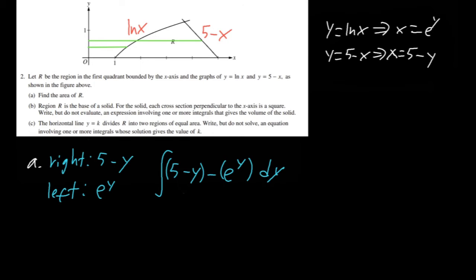This is like the x distance that it goes out, e to the y. So my left is e to the y. Okay, so now when I set up my integral, it's going to be the integral of right minus left, so 5 minus y minus e to the y, dy.